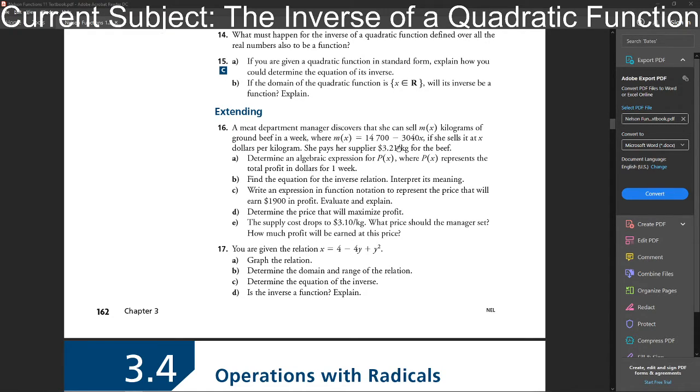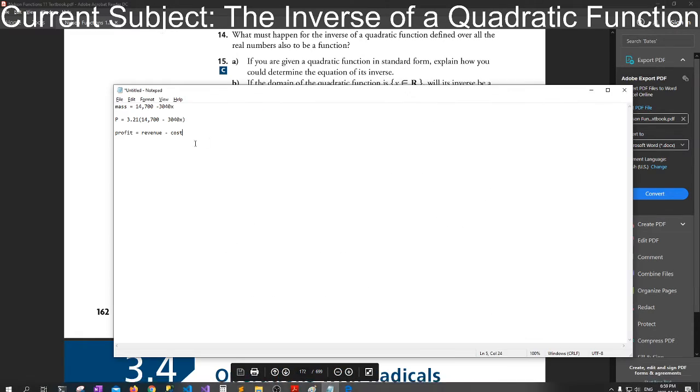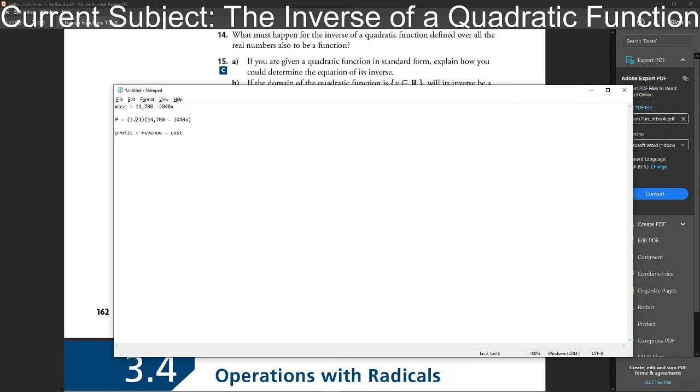Oh, okay. I get why. Okay, I see what we're doing here. We're doing selling price minus this price, because this is her price minus the meat provider's price.